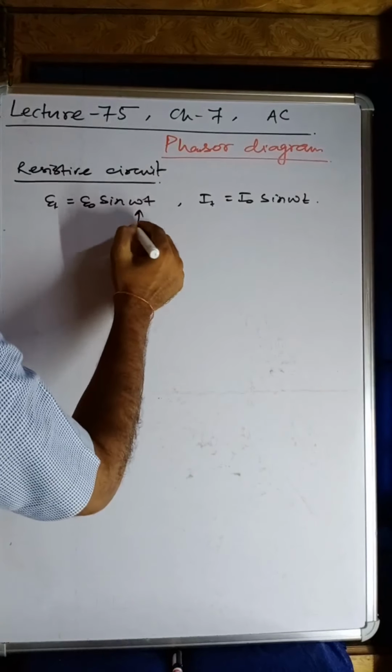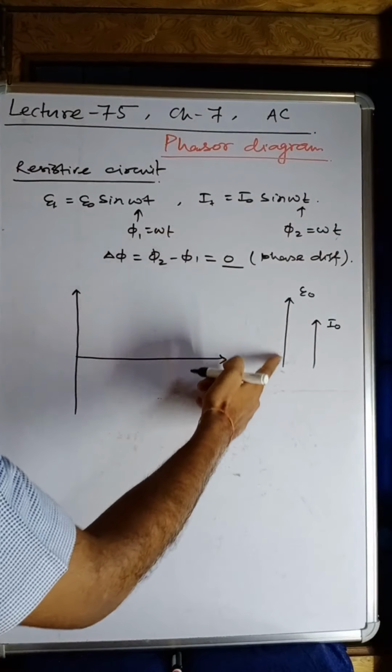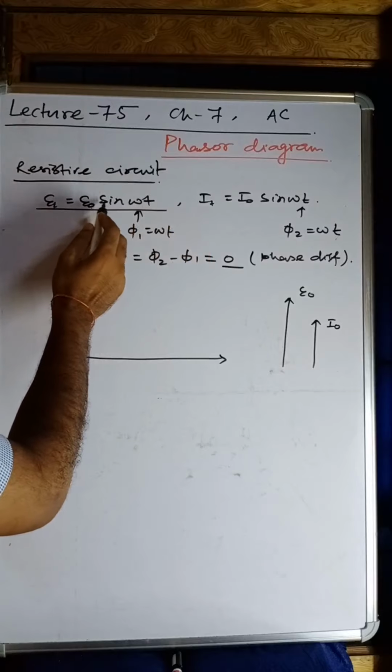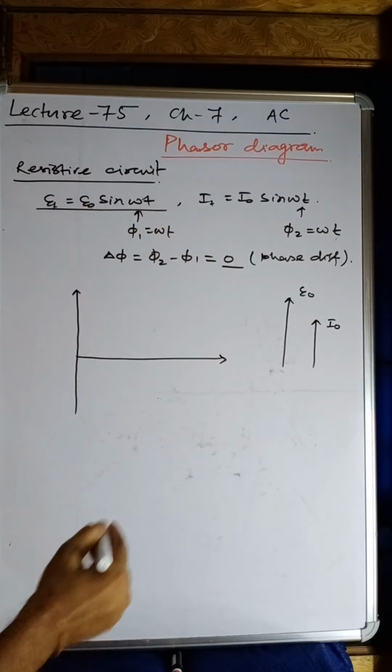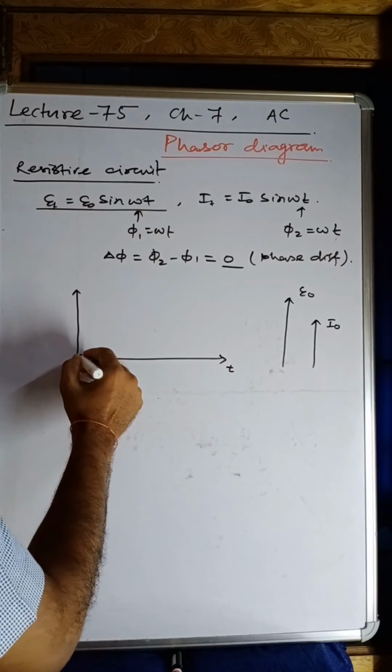We will take the phasor of voltage of this length and the phasor of current of this length. How much do we have to rotate the phasor of voltage? Look at the equation: it is E naught sin omega t.